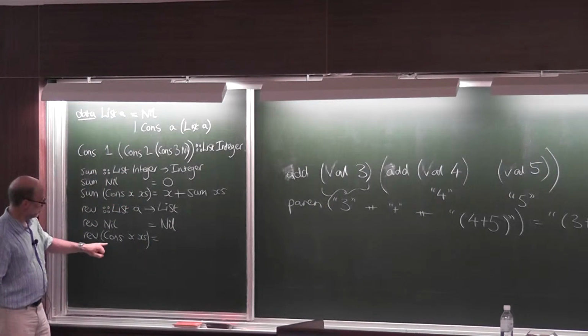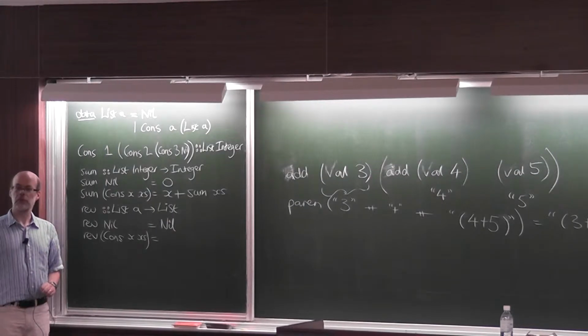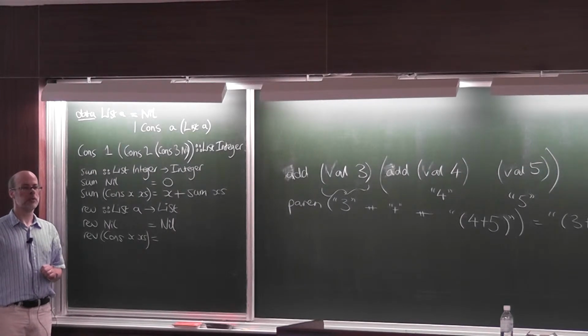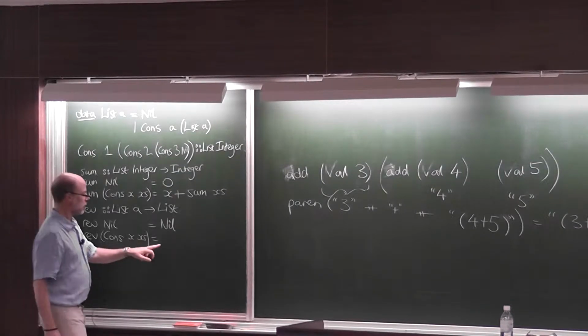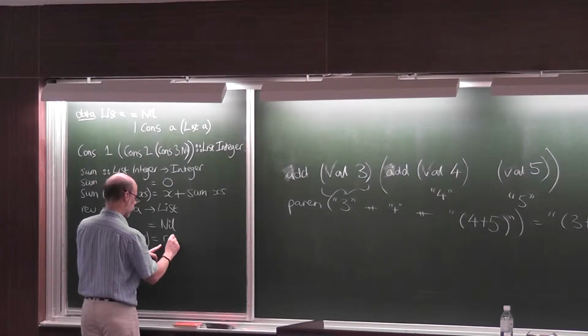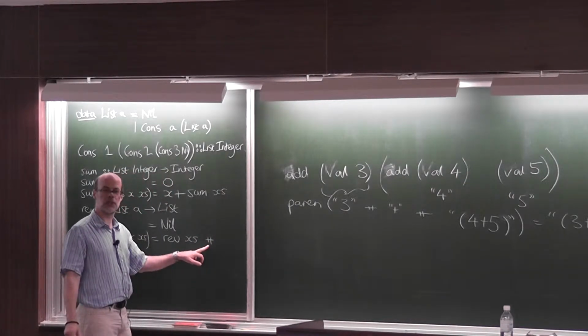Now, a bit trickier. If I've got a list whose head is x and whose tail is xs, what's the reverse of that list? So I need to reverse xs, but then what do I do? Having reversed xs, I need to put the x on the end, not on the beginning. So it's something like reverse xs and then concatenate with the singleton list consisting of x.